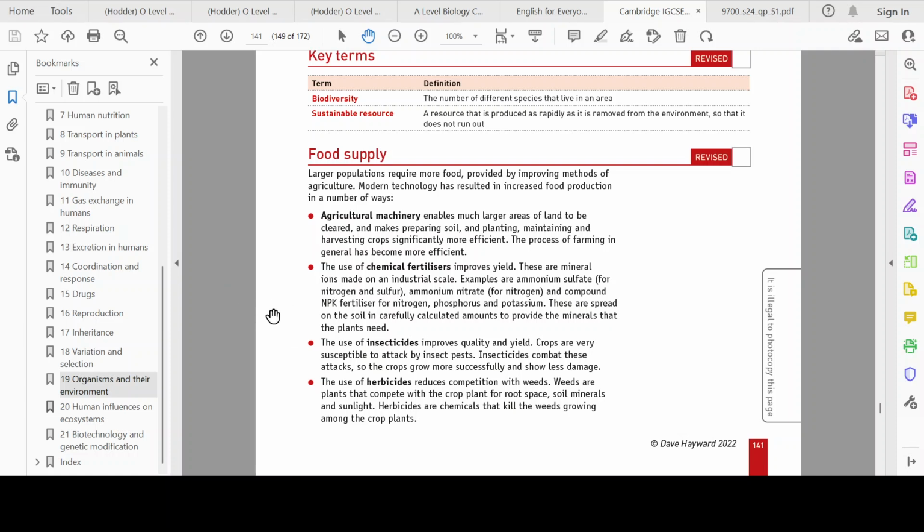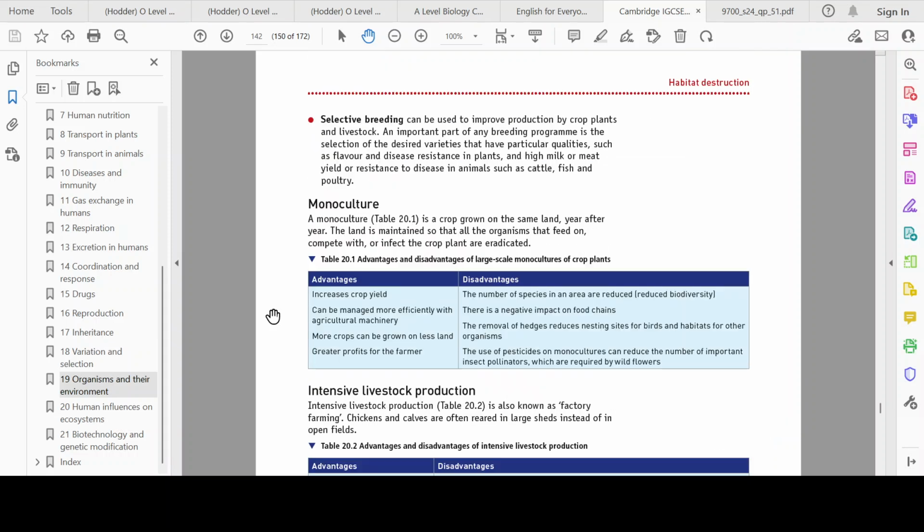Then use of insecticides to kill off pests, use of herbicides to kill off weeds. Weeds are any plant that you don't want growing along with your desired crop. And then selective breeding. You take two different crops, and it can also be done with animals.